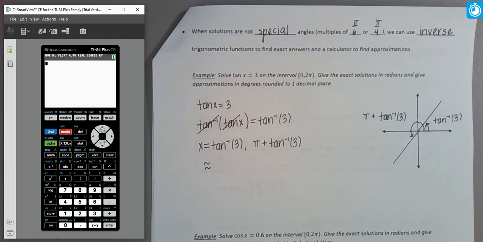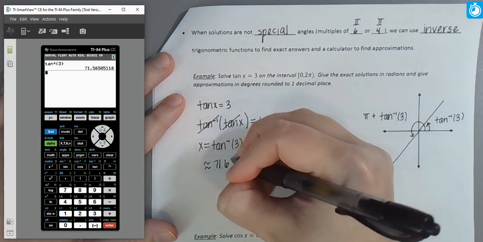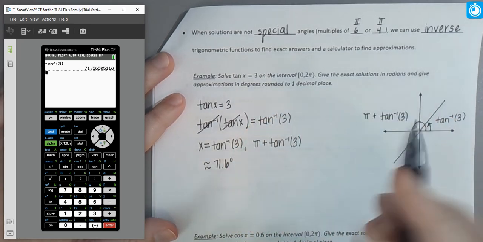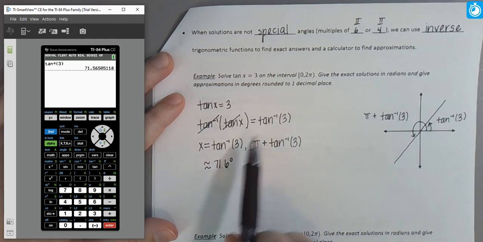And then we're taking the inverse tangent, which is right above tangent in blue, so second and tangent, inverse tangent of 3. And we're in degrees. So rounded to 1 decimal place, 71.6 degrees. And then we also want the degree approximation of this.